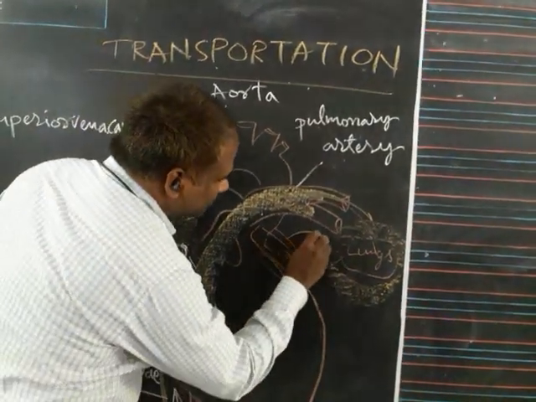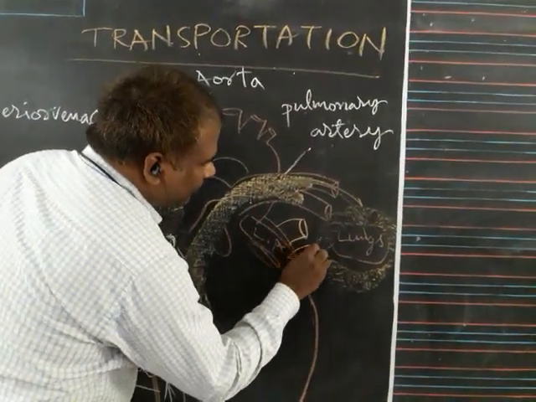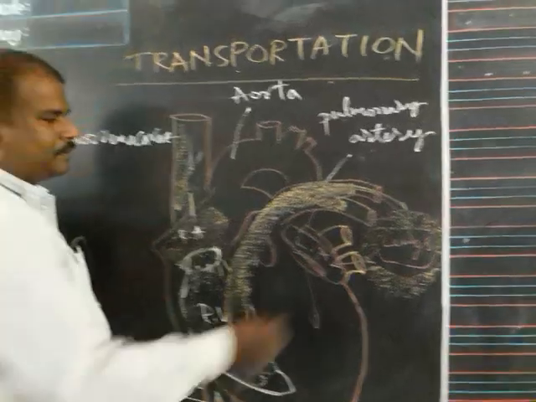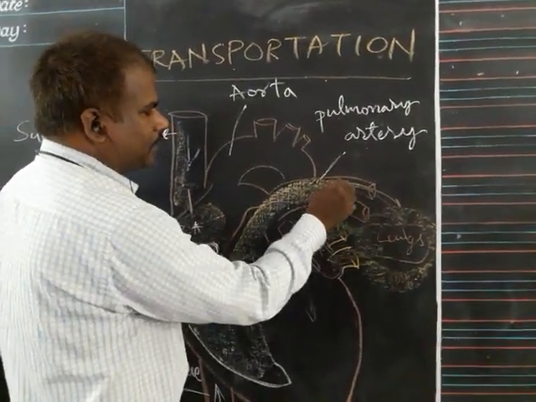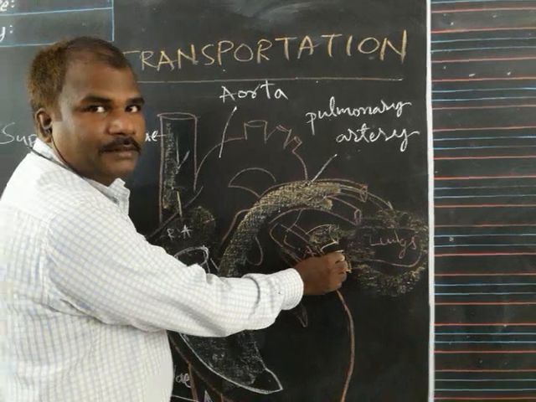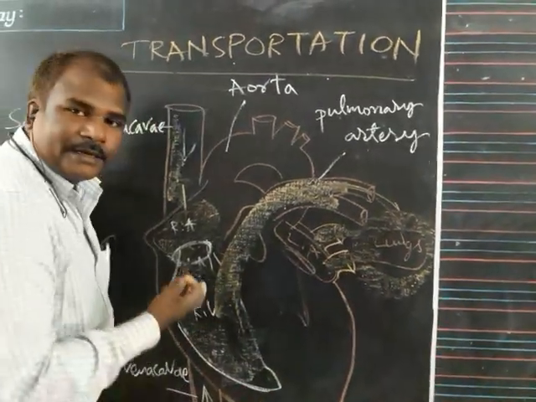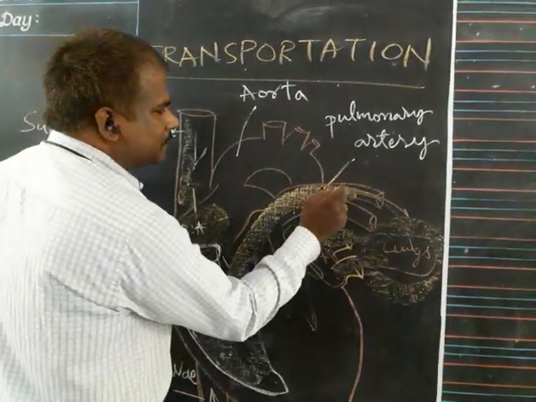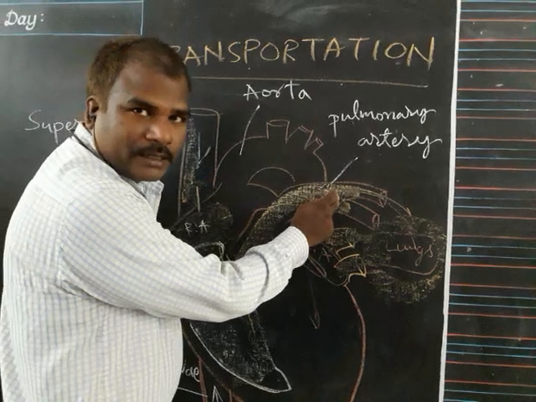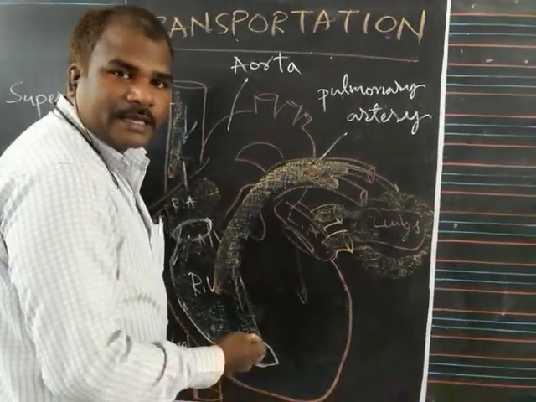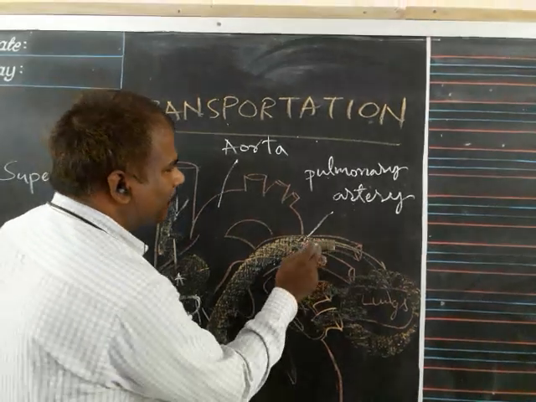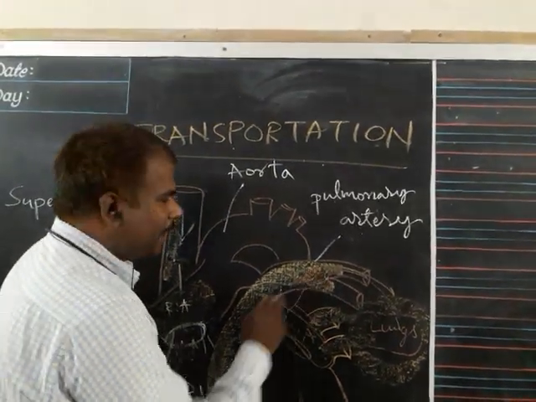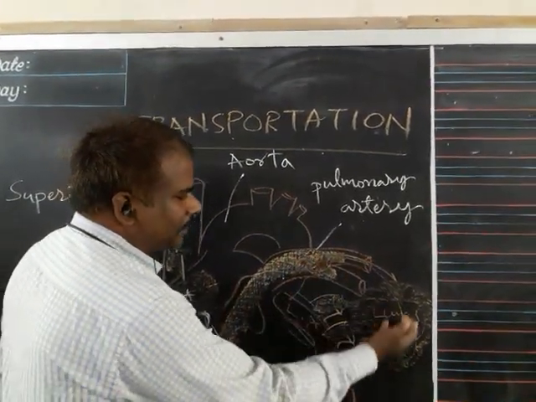After purification, the blood moves to the pulmonary vein. These are the pulmonary artery and pulmonary vein. All veins carry deoxygenated blood except the pulmonary vein. All arteries carry oxygenated blood except the pulmonary artery, which carries deoxygenated blood to the lungs.